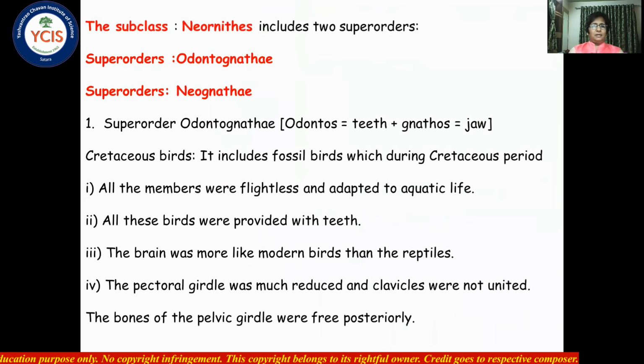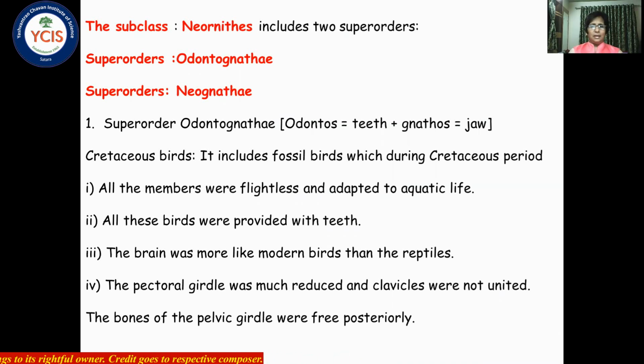Next slide. The subclass Neornithes includes two superorders. The first one is superorder Odontognathae and the second is superorder Neognathae. In Odontognathae, odontos means teeth and gnathos means jaws.